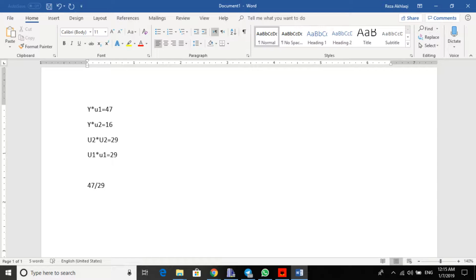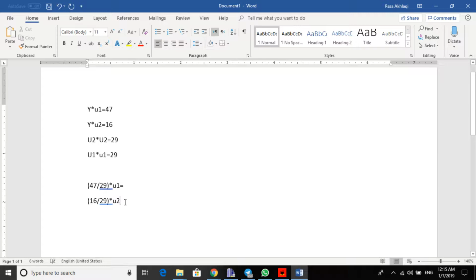And the other step is y times u2 is 16, divided by 29 again. I'm going to put this in parentheses, so you know that the whole thing is going to be times u1, and here again the whole thing is going to be times u2.